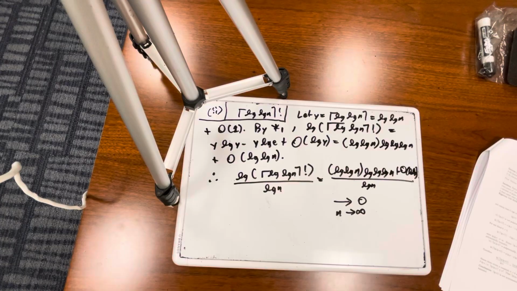Which, by the way, is the reason we didn't do that earlier for the other one: we would have gotten that case of 0 over 0.